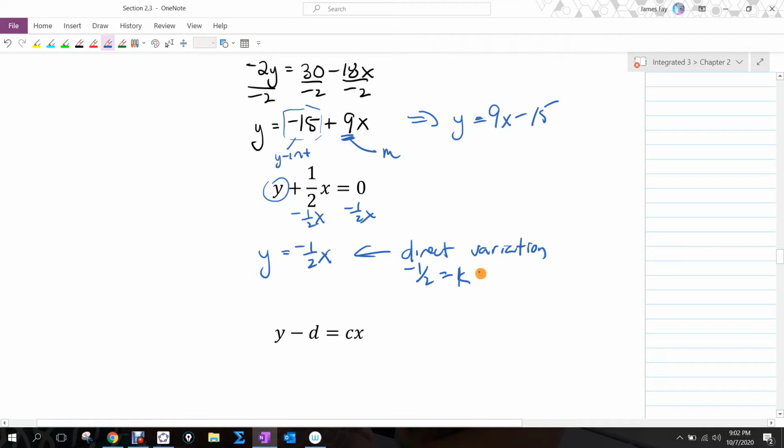Still your rise over run. But now there's a plus 0 here that we usually don't write. Think about what we said when we talked about direct variation: it always goes through 0, 0, and 0, 0 is right there. Not only is it a y-intercept, it's an x-intercept. So 0 is your y-intercept.